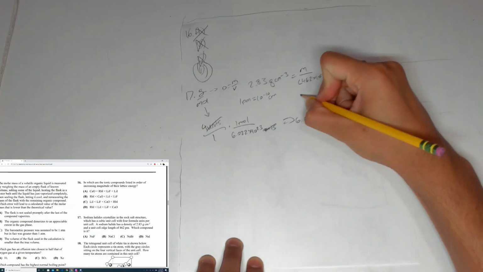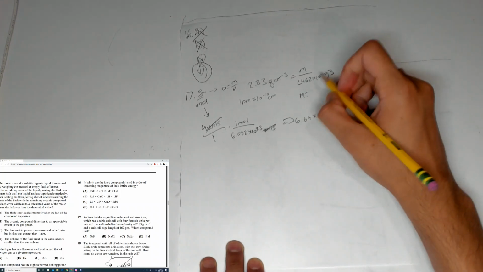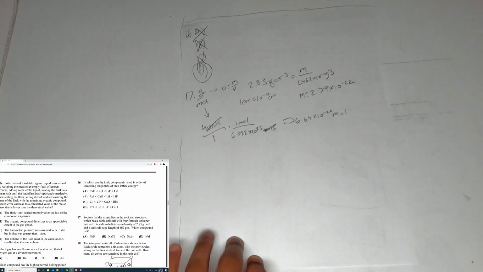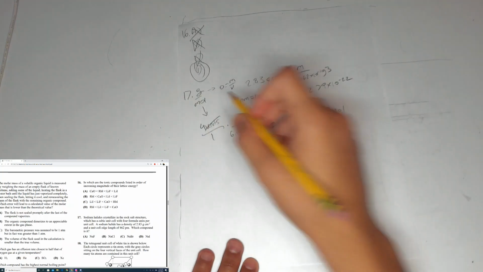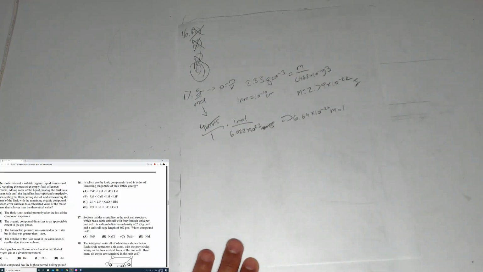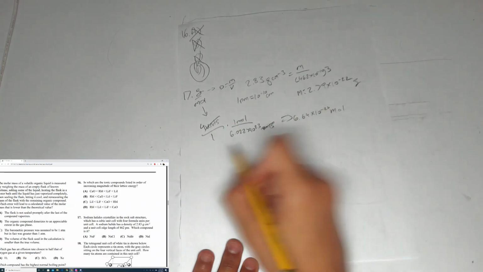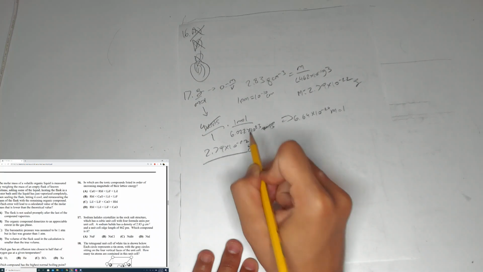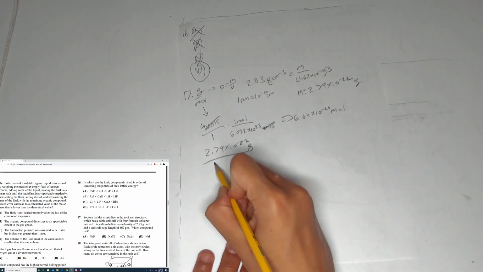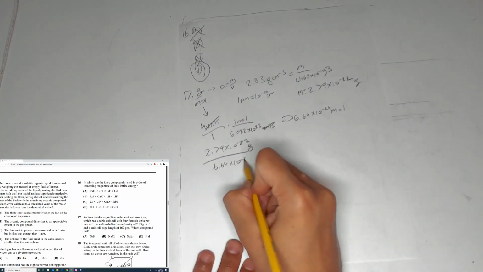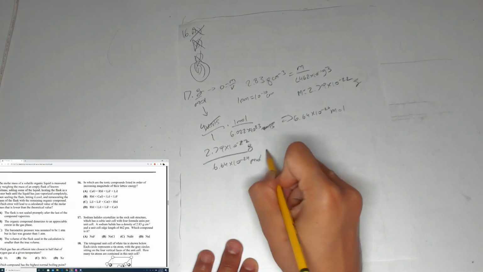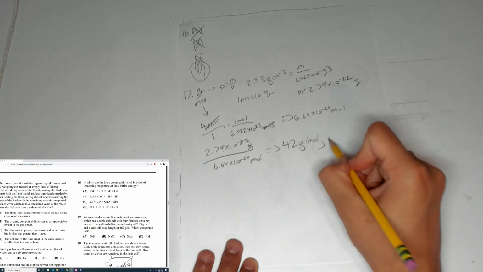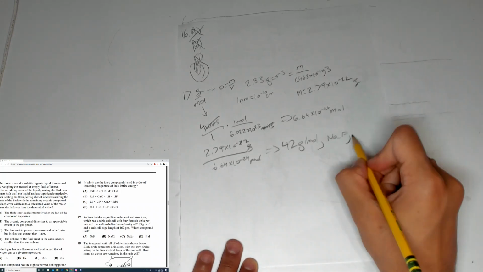When you solve for the mass, when all units get cancelled, you get 2.79 times 10 to the negative 22 grams. Now you've found your grams and your moles, and you divide 2.79 times 10 to the negative 22 grams over 6.64 times 10 to the negative 24 moles, and you get the molar mass of 42 grams per mole, sodium fluoride, and that's A.